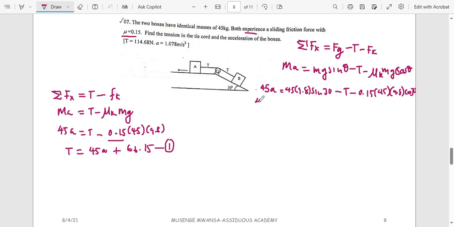So we are going to have 45a is equal to, we can punch 45 multiplied by 9.8 multiplied by sin 30.